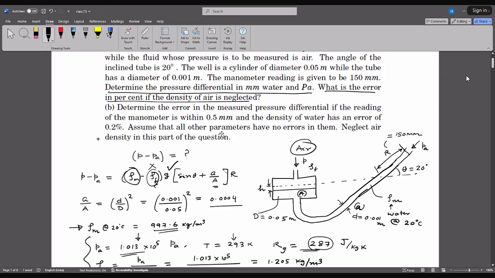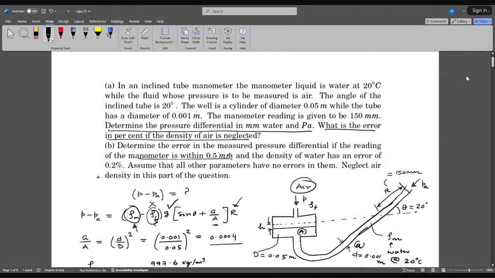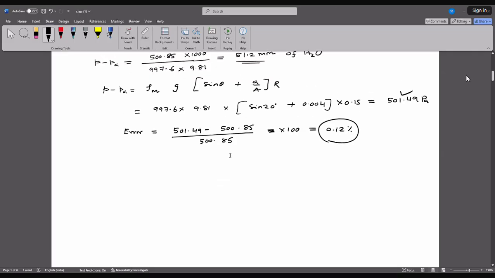So you have to consider that there is some uncertainty in the manometer reading, that is the value of R, and there is uncertainty in the value of the density of water, that is rho m. So how do we do that? The error and the uncertain values are given. First, this is the equation we are dealing with.